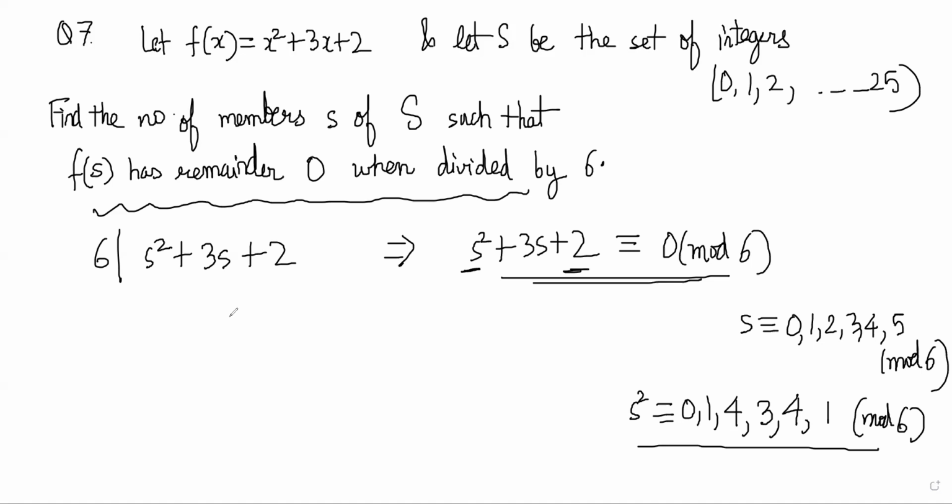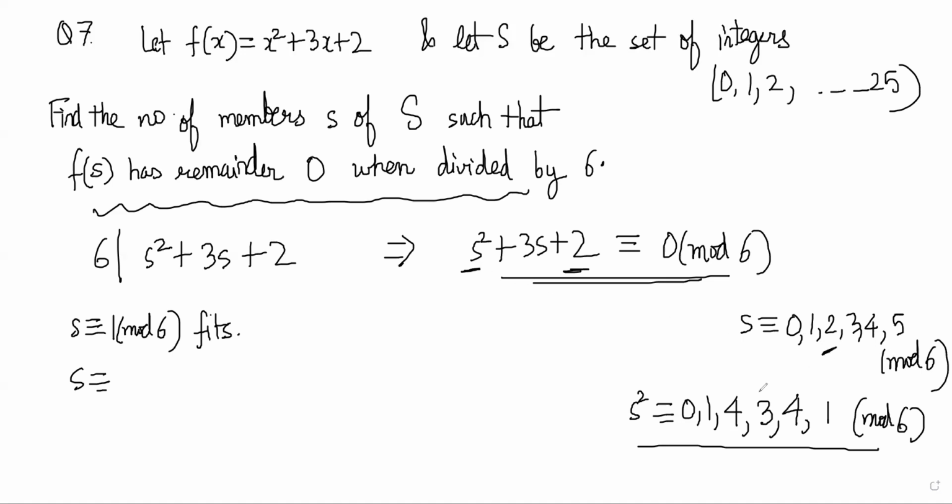Let's check the case when s is 1 mod 6. If s is 1 mod 6, s square is 1 mod 6, 3s is 3 mod 6, and there is a 2, so that becomes a 0 mod 6. So s congruent to 1 mod 6 fits, right? Similarly, s congruent to 0 mod 6 doesn't fit. 1 mod 6 fits. 2 mod 6, let's check.